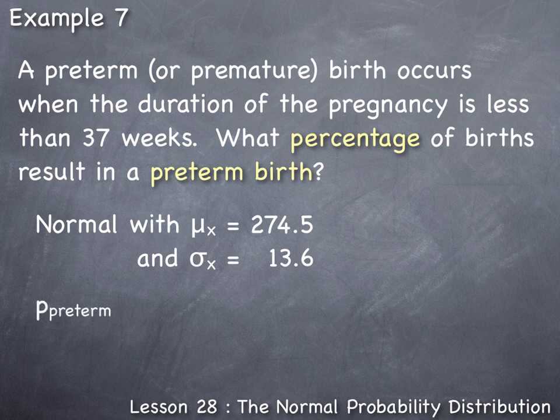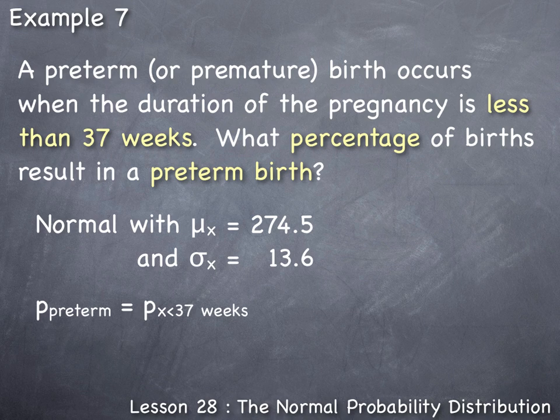Well, in order to find the percentage of births that result in a preterm birth, we need to have the definition for preterm births. And we're told that a preterm or premature birth is a pregnancy that lasts less than 37 weeks. So we need to find the percentage where the random variable x is less than 37 weeks. In this problem, the units being used were days.